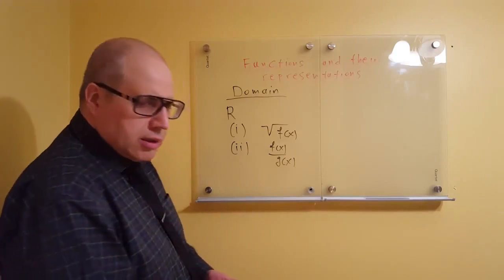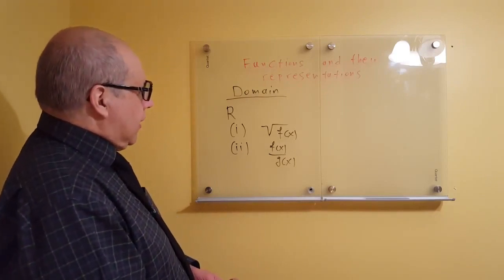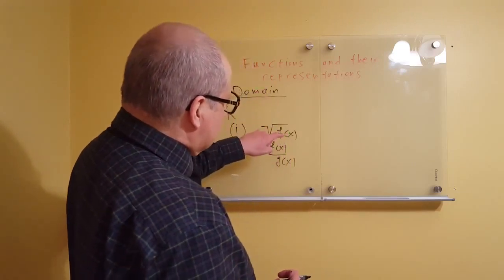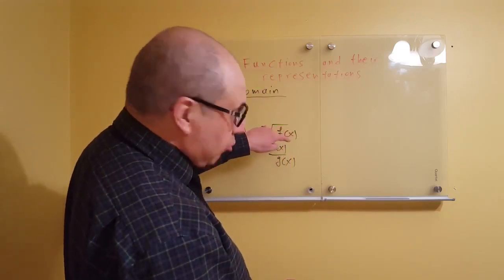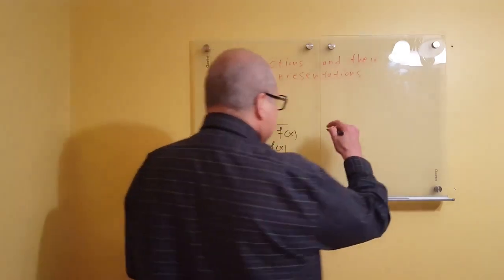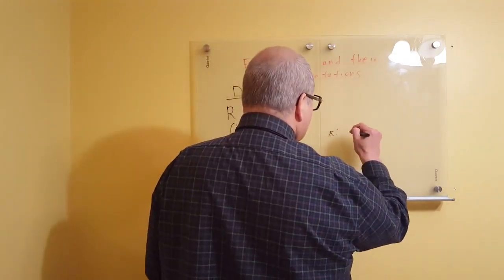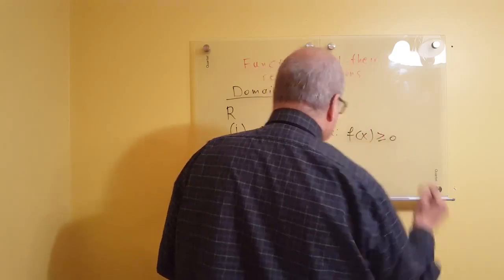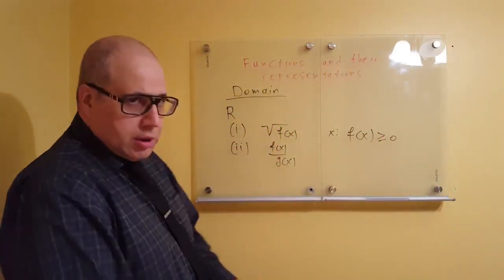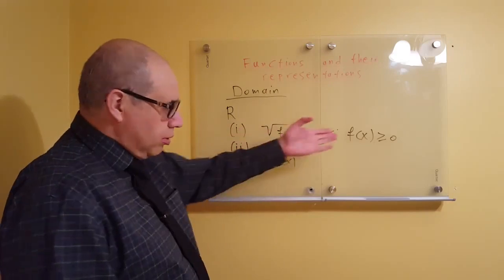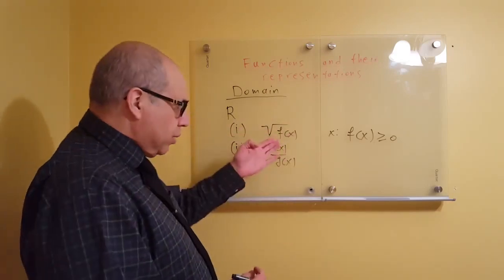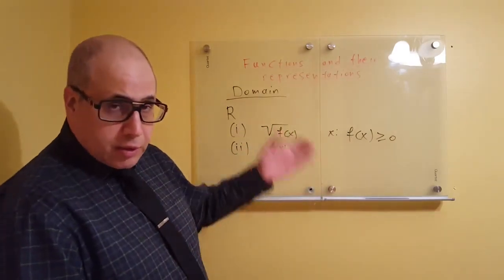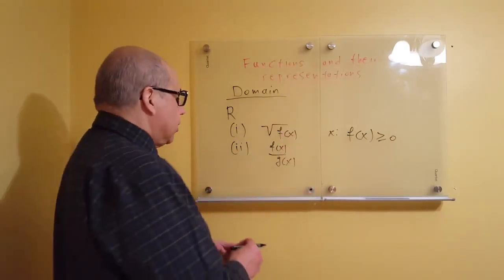In the first case, you have to take the values of x for which f of x is greater or equal than 0, because when you have something under a square root, it has to be 0 or greater. You cannot find the root of a negative number.